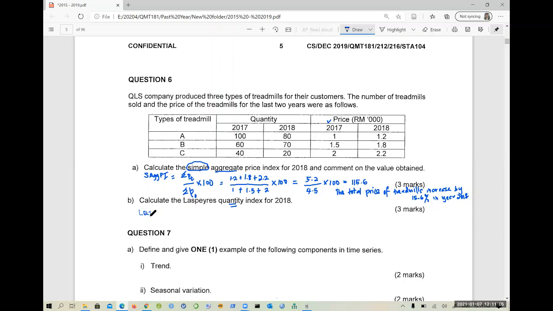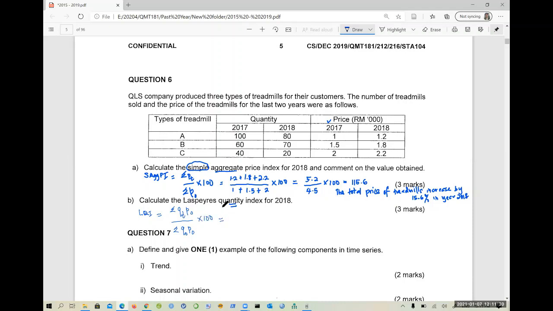This is given by the summation of Qt times P0, the weight, divided by the summation of Q0 P0, times 100.